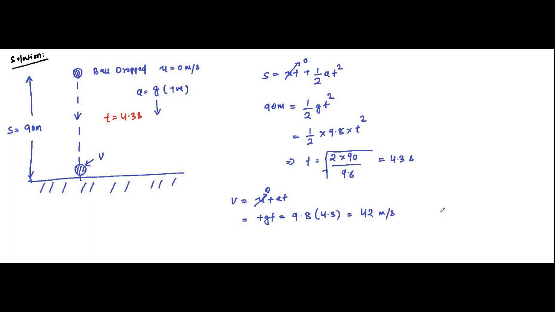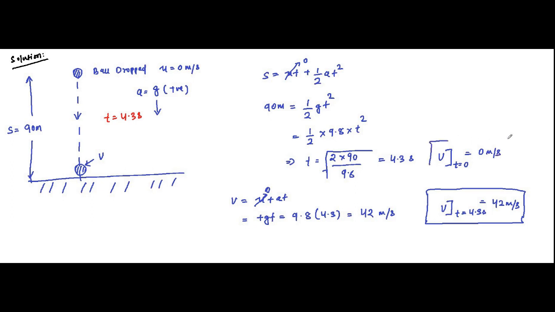So velocity at t equals 4.3 seconds is equal to 42 meters per second. And another thing, velocity at the start, t equals 0, which is the initial velocity, is 0 meters per second.